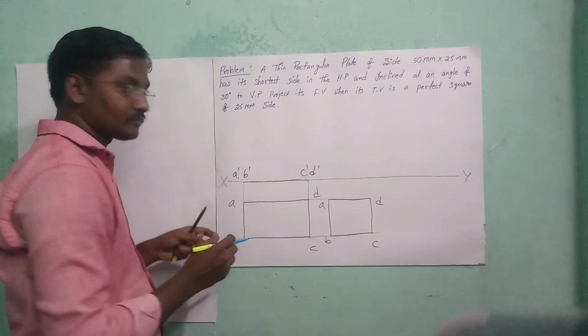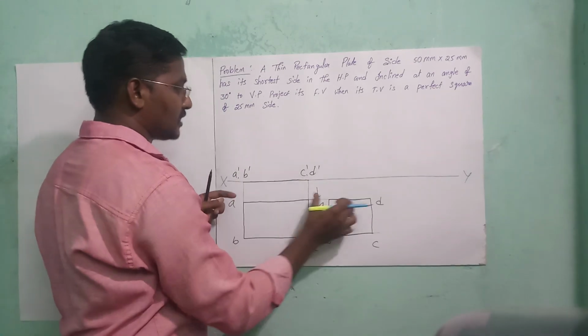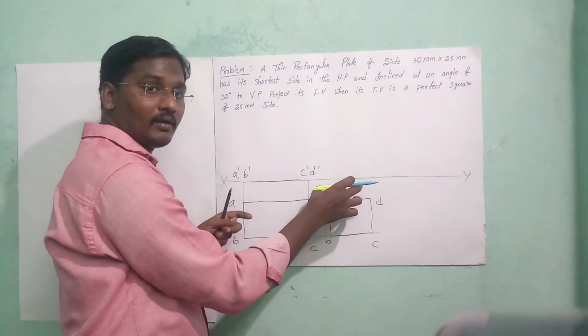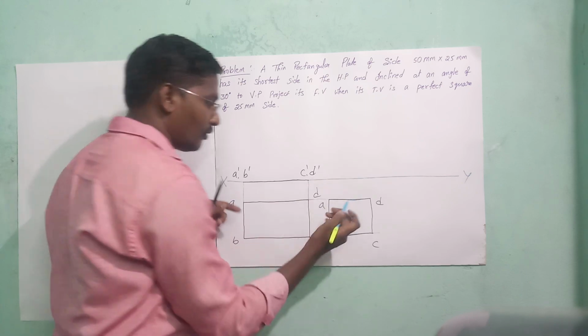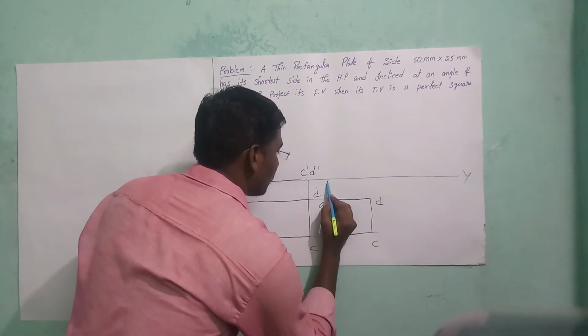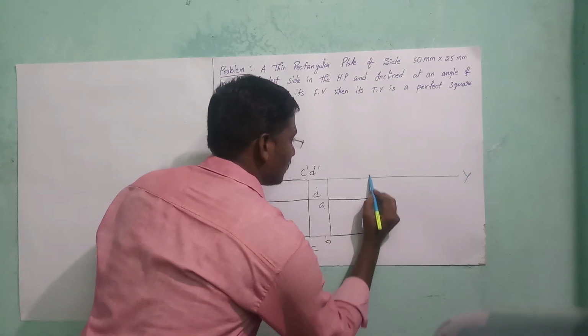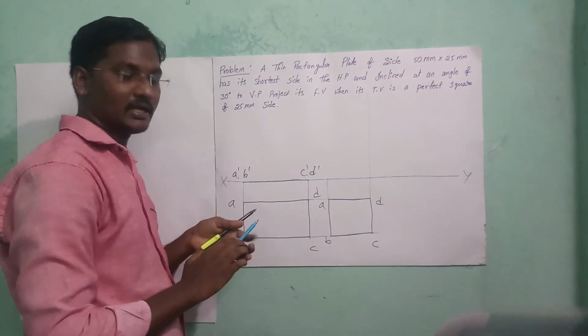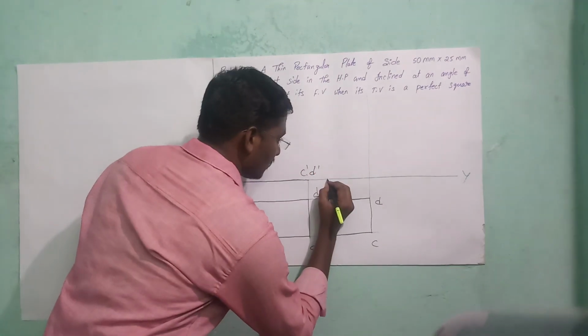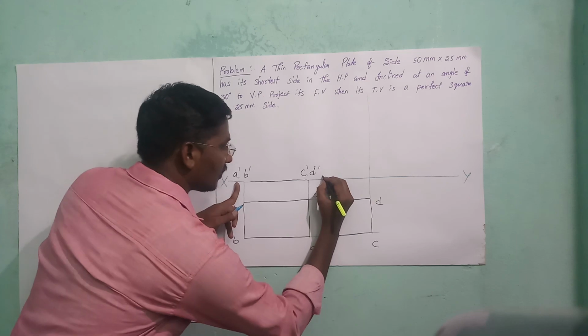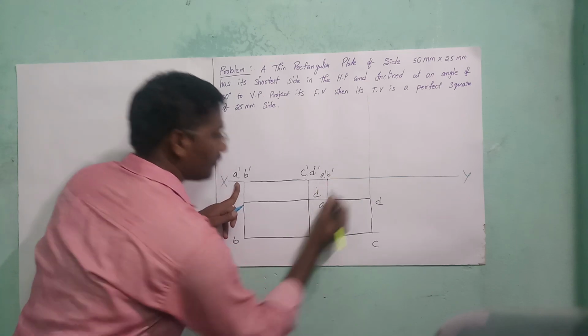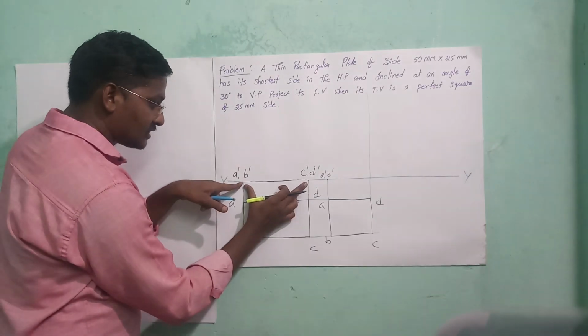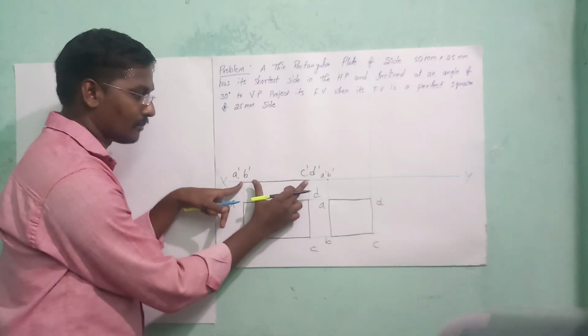Of 25 mm side. Now when we are looking from the front view, it was an inclined line. We need to locate that inclined line. Draw the vertical projection lines like this. Now take this point as A dash, B dash. After that, measure the distance of A dash to C dash in the compass.